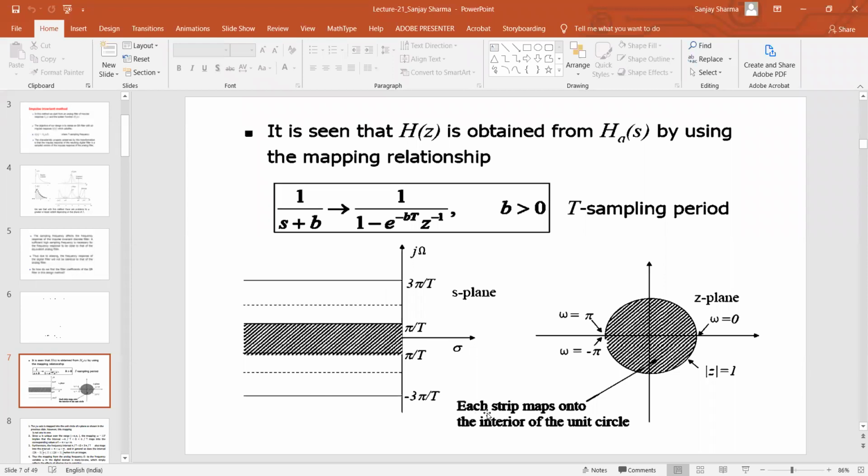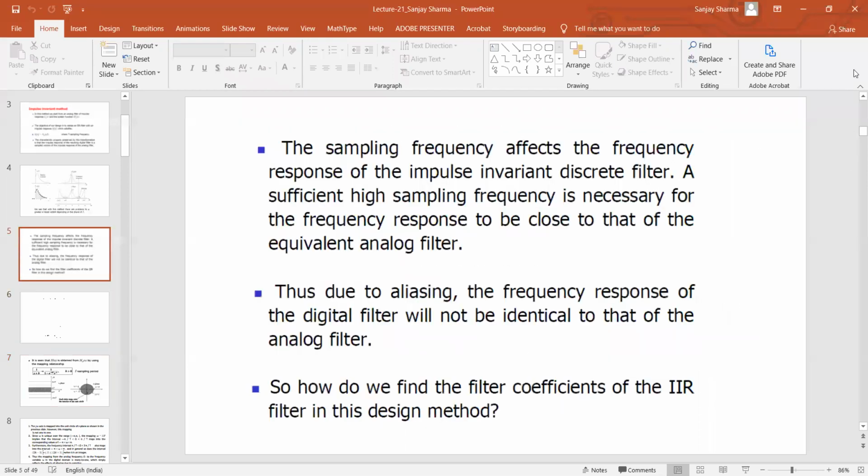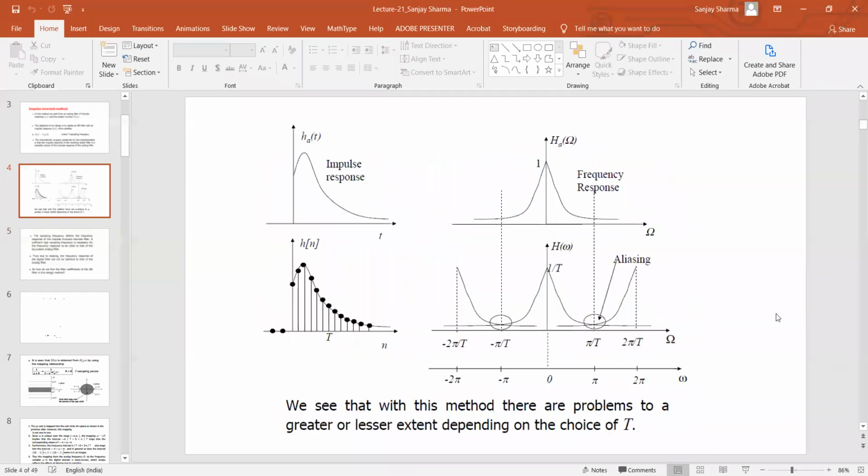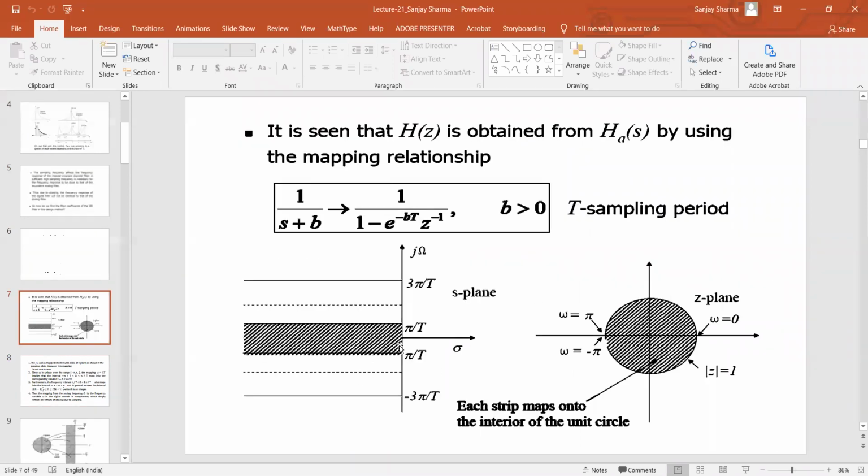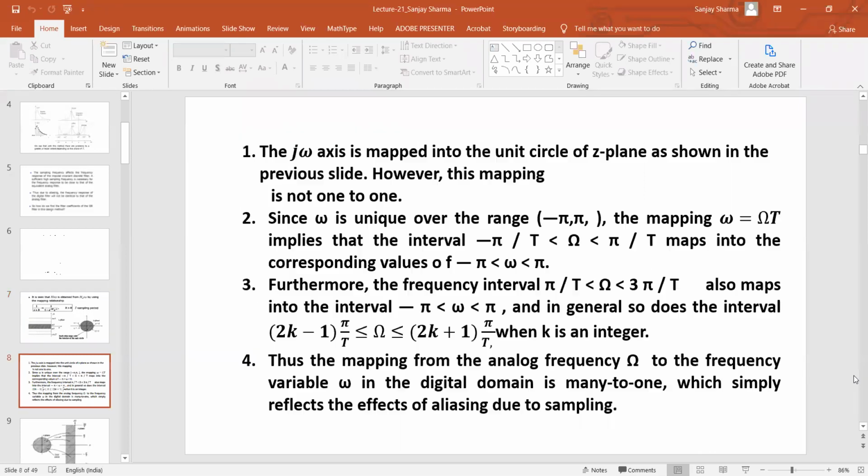So that's what is said: each strip maps onto the interior of the unit circle, which basically explains the aliasing problem. The higher frequencies are going inside, because we saw that the impulse invariant method has the problem of aliasing. So that is another explanation of the mapping of the S plane to the Z plane. The impulse invariant method is inherently suffering from the problem of aliasing.